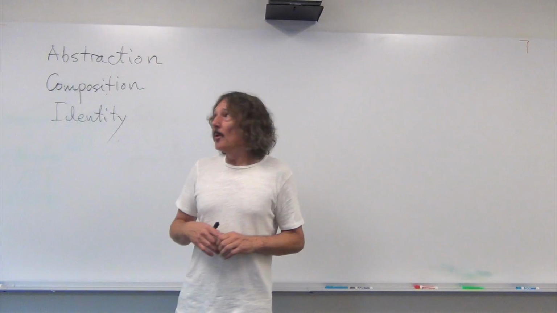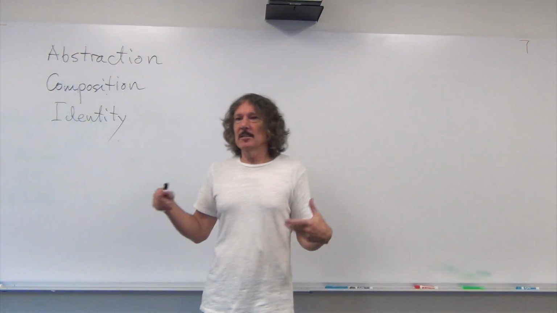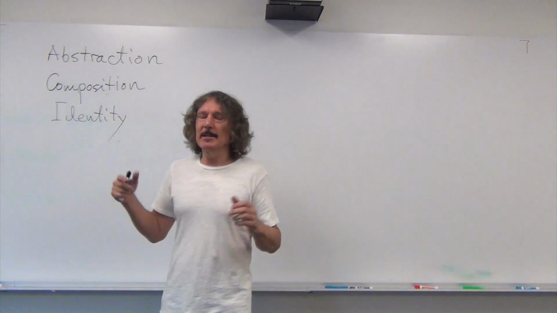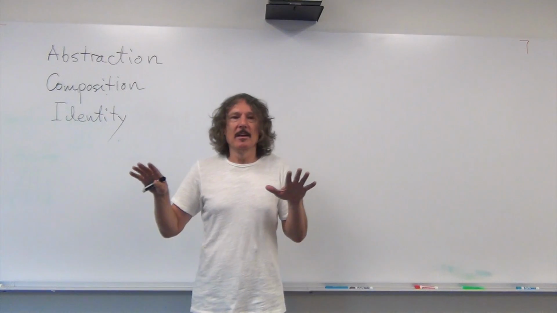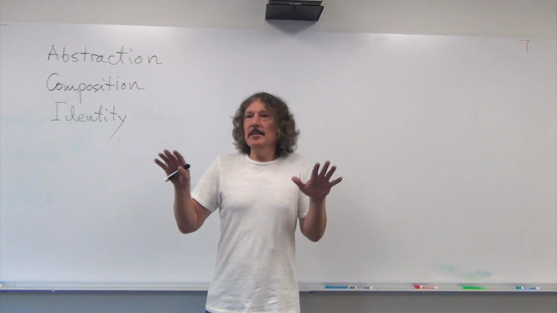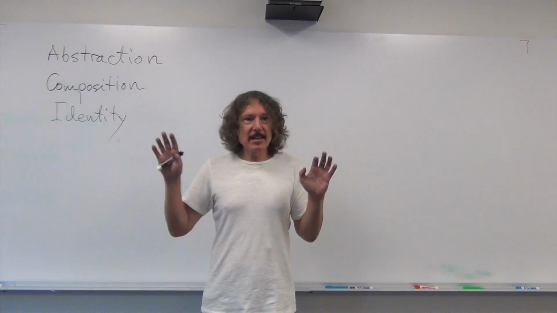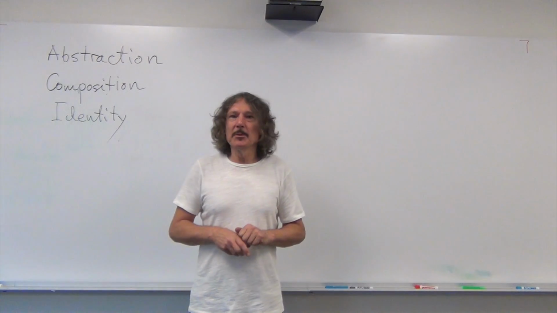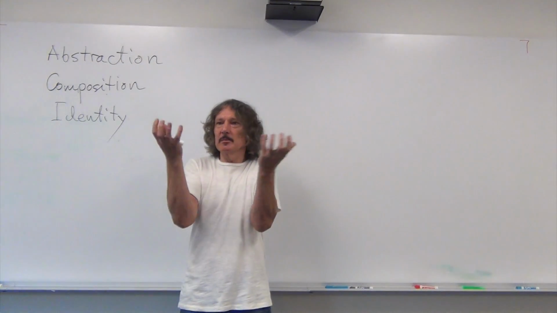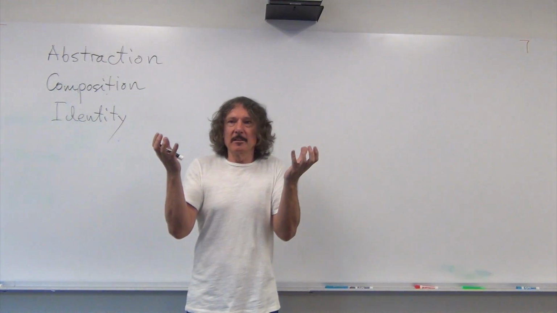Okay? So, once we get rid of unnecessary details, then suddenly what happens is that things that were different, but they were different because of unnecessary details, they suddenly become identical, right? Like if you have, let's say, 2 billiard balls of the same color, right?